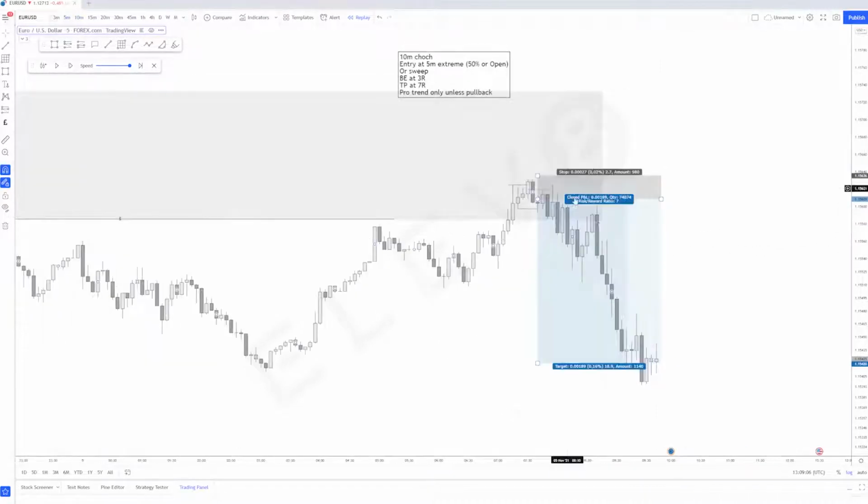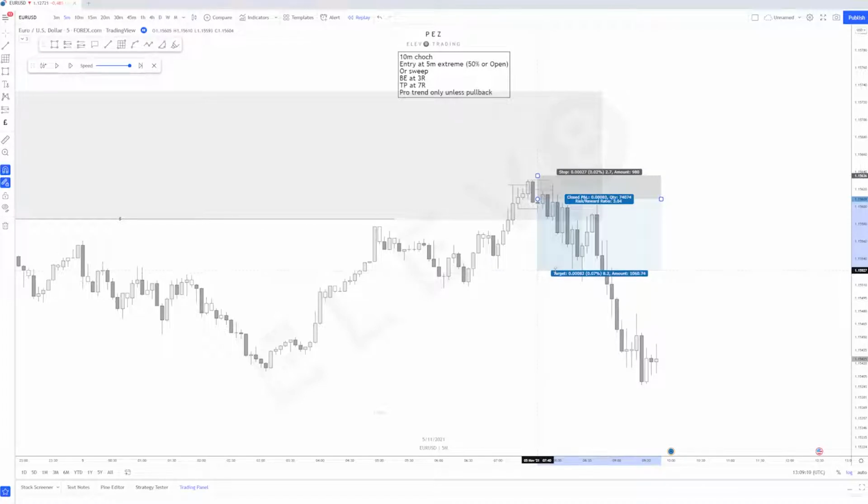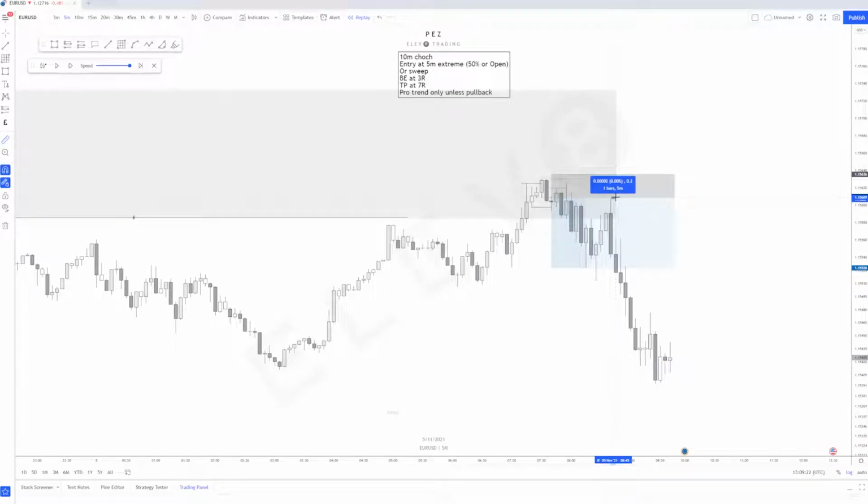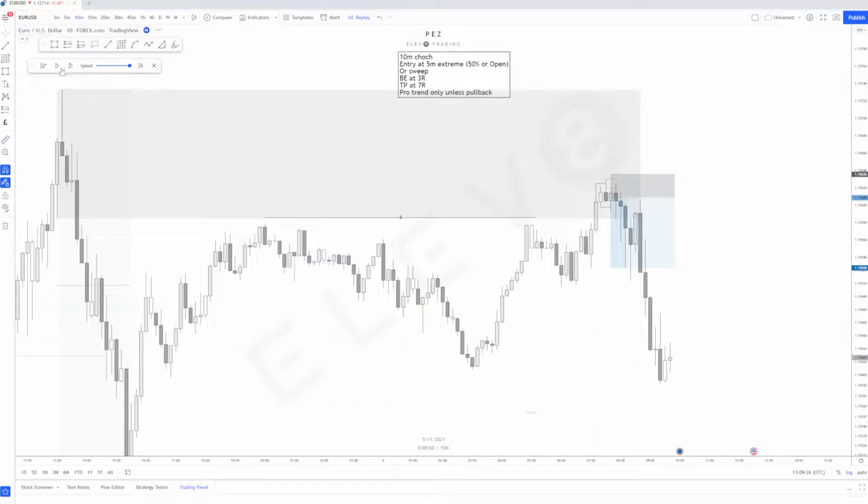Obviously we'd go break even at 3R here. So here we would be break even, and price came just within a hair of being break even, but this wouldn't have tagged me out, I don't think. Maybe it would have, but anyway, that's the entry.